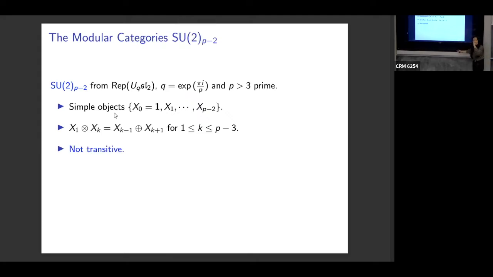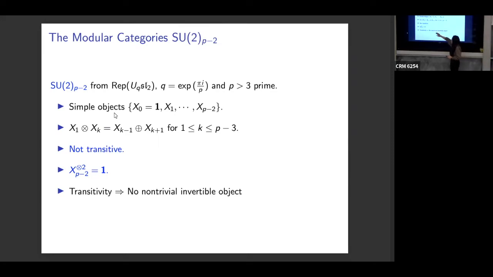However, this modular tensor category is not transitive. The reason is that there is an invertible simple object: if you tensor it with itself, you get the unit object. Transitivity implies that we cannot have a non-trivial invertible object. So we consider taking a subcategory by throwing this simple object away.